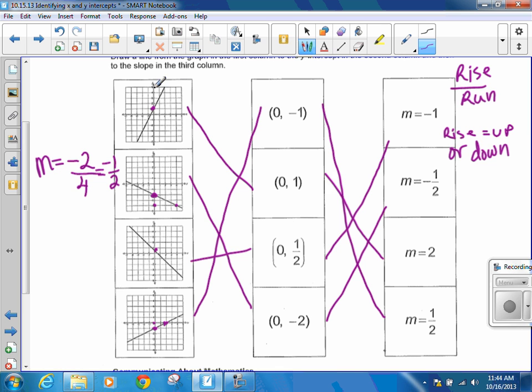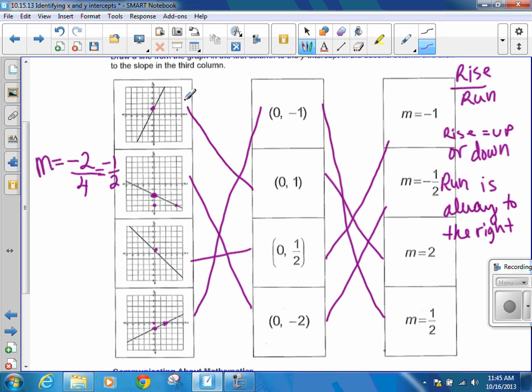You're going to count up. Now, your run is always to the right. Okay? So that means I'm running to the right, I'm not running to the left.